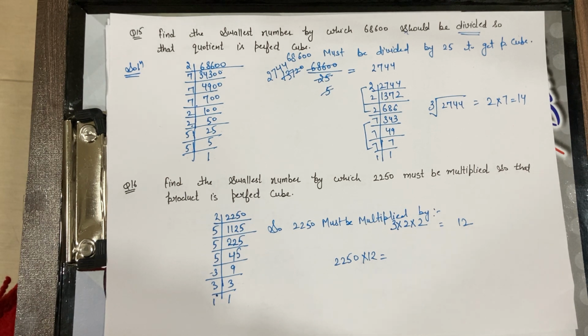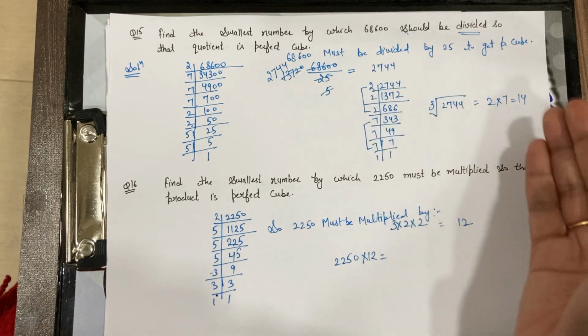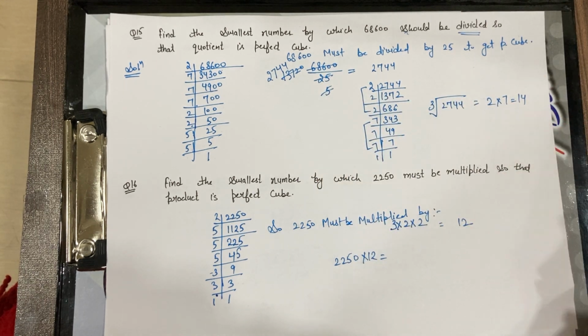Right? It will be a perfect cube. So this was the concept, what should be multiplied and what should be divided. These were the two concepts. I hope all the concepts we have covered of cubes and cube roots are quite clear, and these are very important from the point of view of examination. So prepare these concepts well and ask queries in the comment box. Thank you.